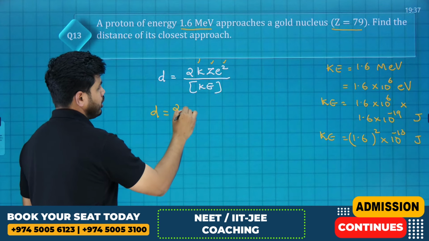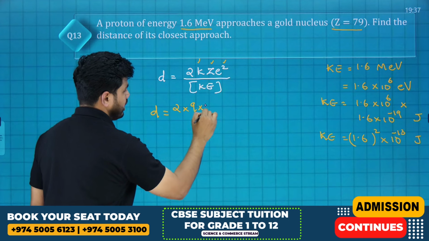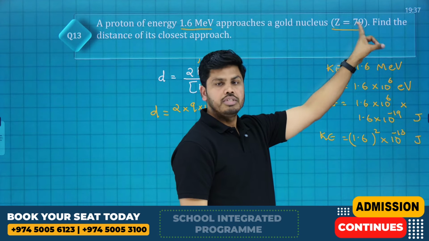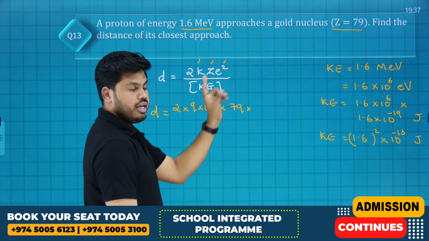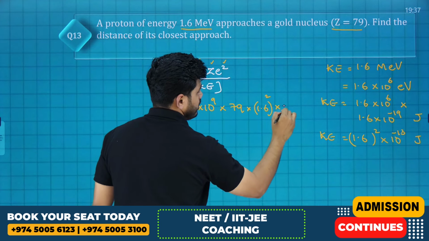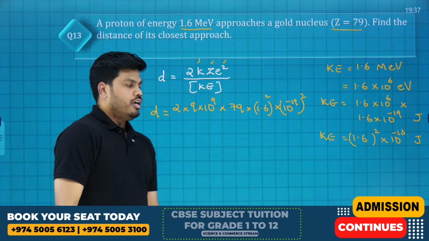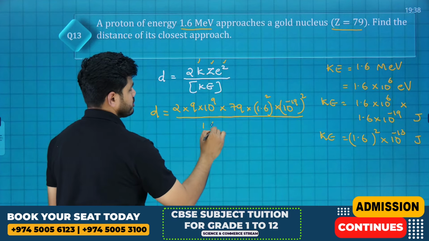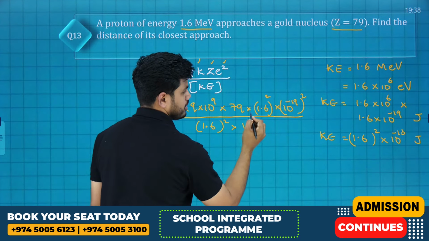Now what is d? d is equal to 2 into k, the electrostatic constant, 9 into 10 raised to 9, into Z, which is 79, into e square. e is the charge of the electron, 1.6 the whole square into 10 raised to minus 19 the whole square, divided by the kinetic energy, 1.6 the whole square into 10 raised to minus 13.